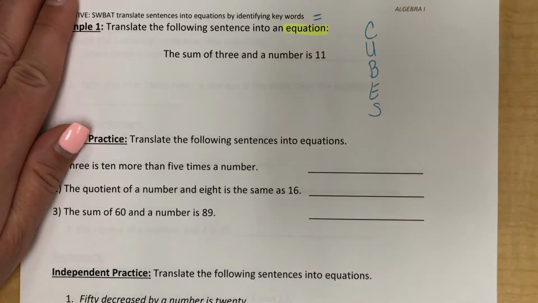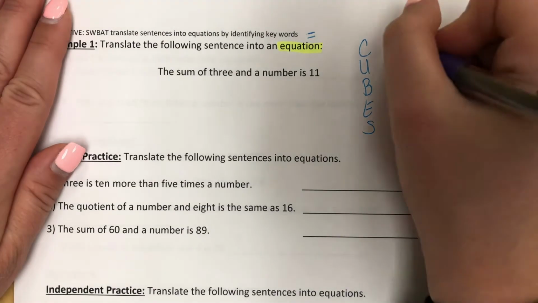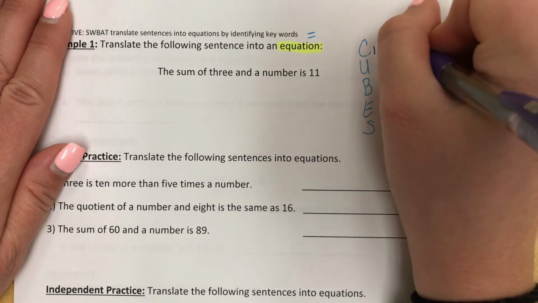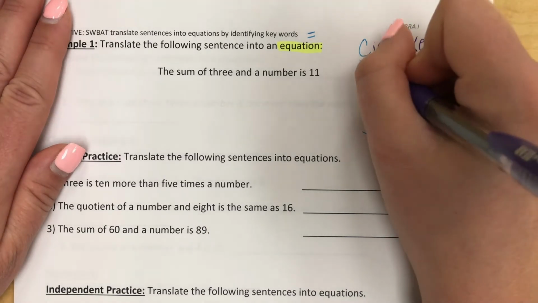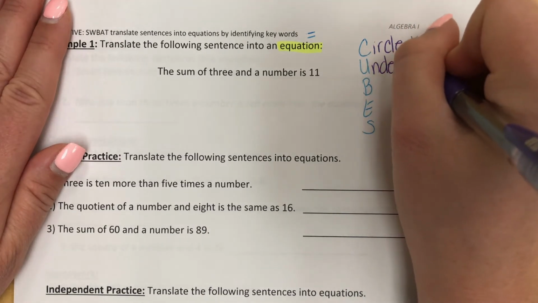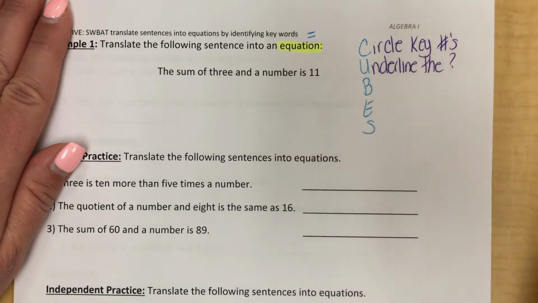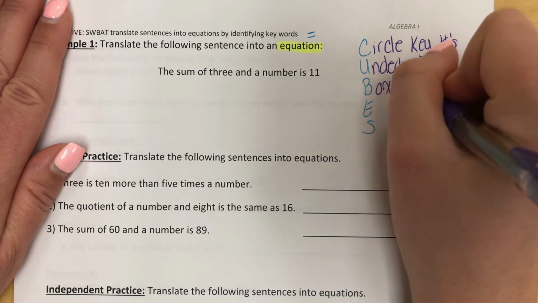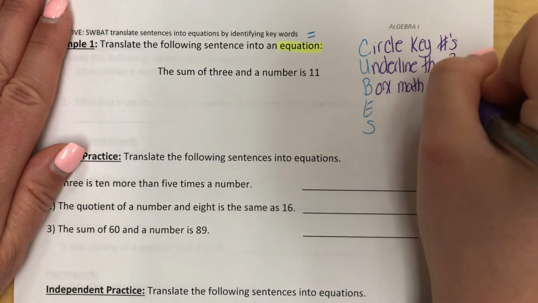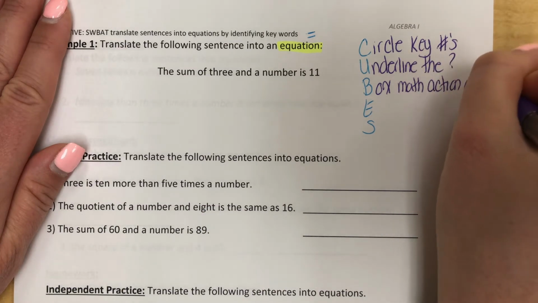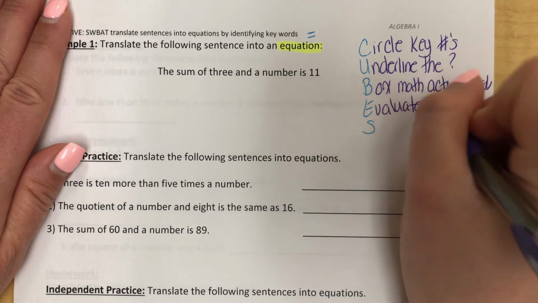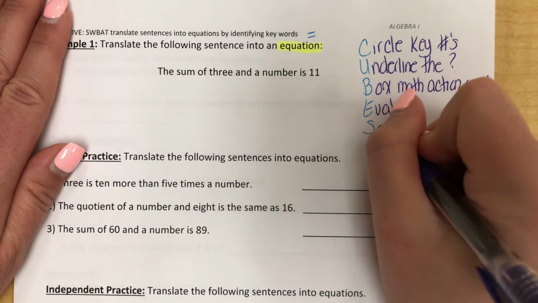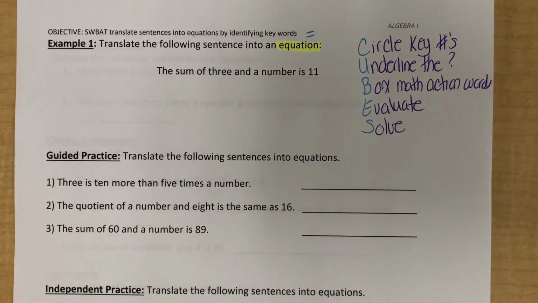Cubes means to circle key numbers, underline the question, and box math action words. After we've done all those steps, we wanna then evaluate what we have so we can put it all together and then eventually solve the question.